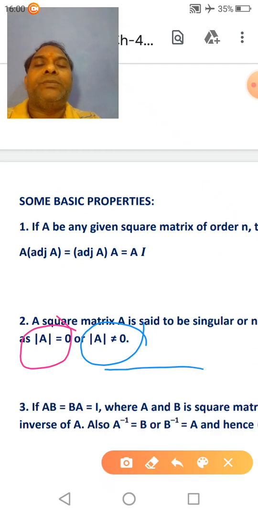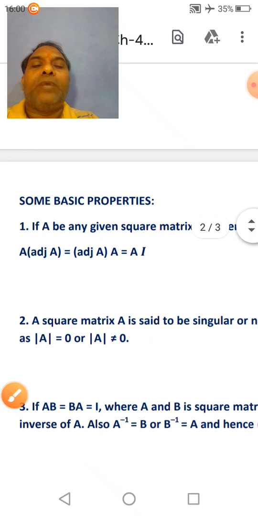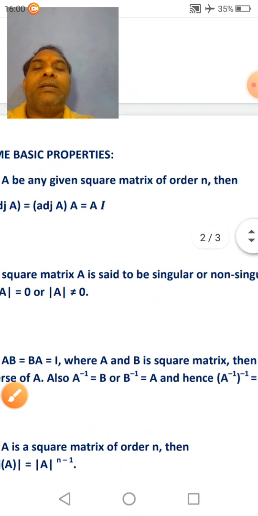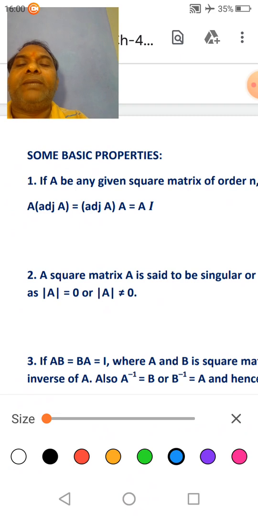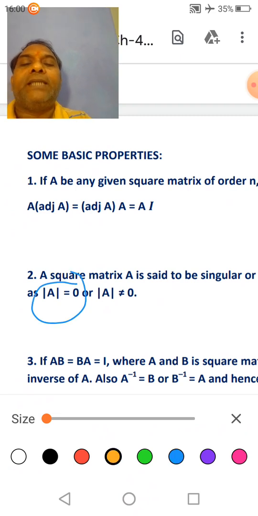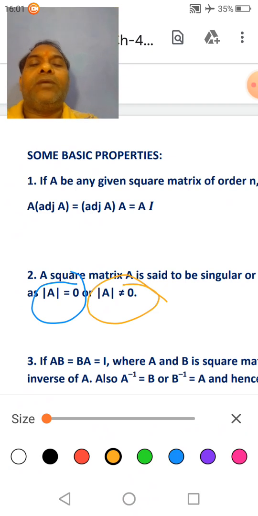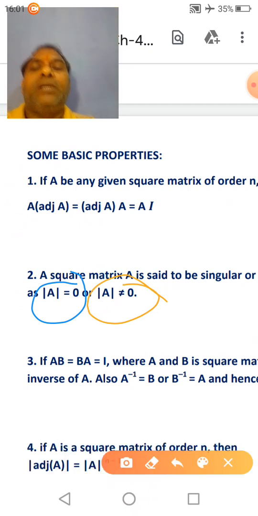Clear? So you have to remember this point.